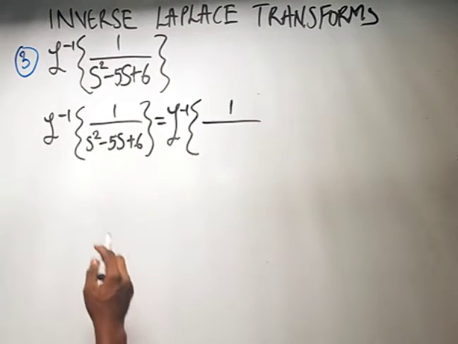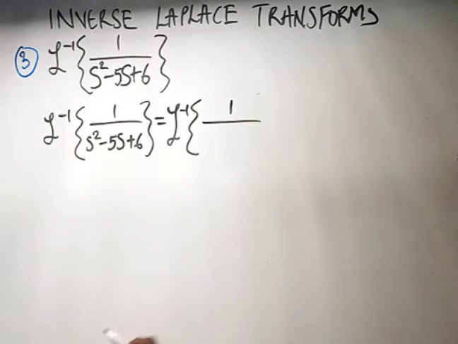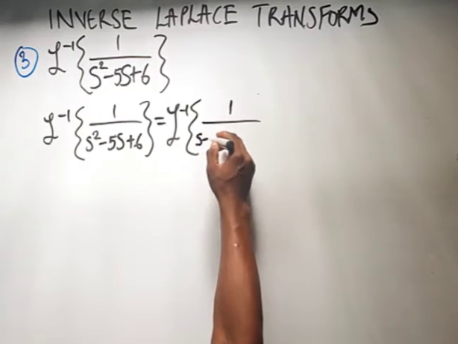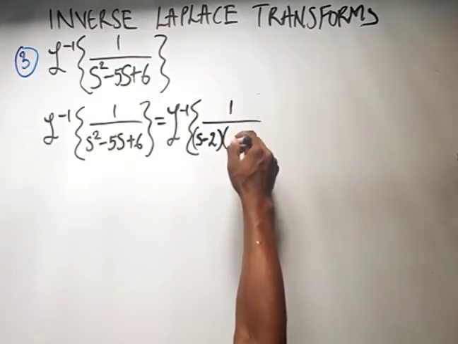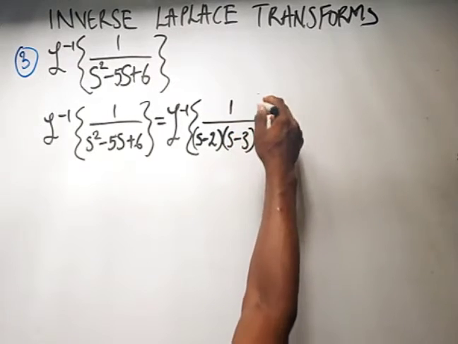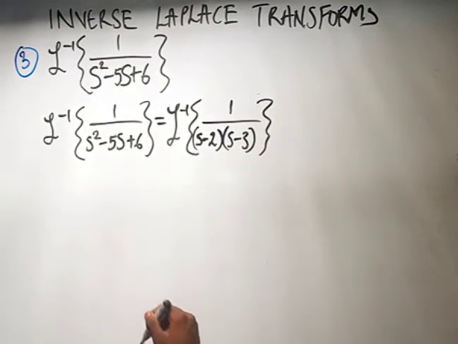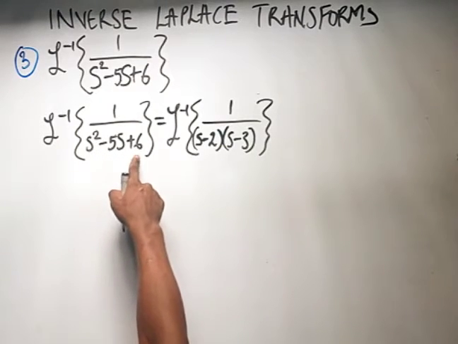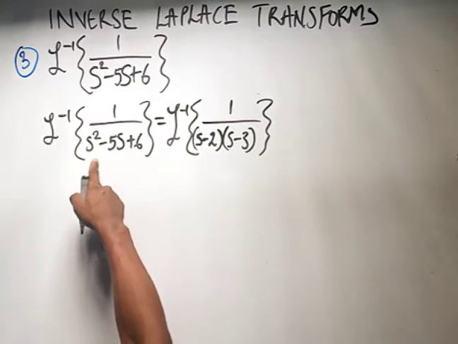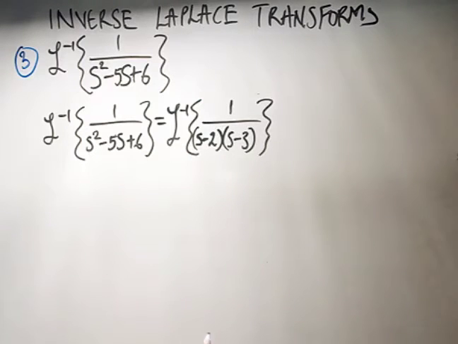We can factor this and we will just have a minus 2, then a minus 3. So by factoring this, we're going to have (a - 2) and (a - 3). So you can take it like this. So that is just it.